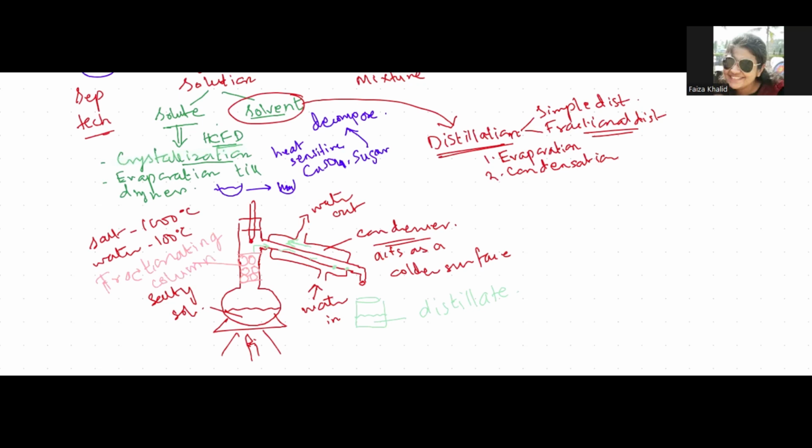So what we did, we had simple distillation over here, right? Simple distillation apparatus. We added a fractionating column to make it into fractional distillation.